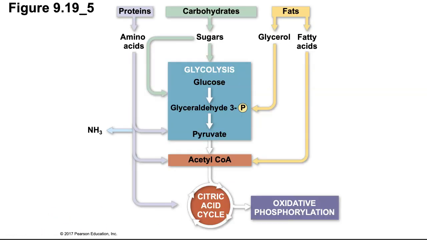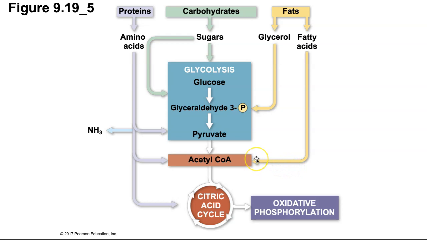Here's a simplified version of that metabolic map that I just showed you. At the heart of it, we have glycolysis, glucose into pyruvate, and we make acetyl-CoA. Here's our citric acid cycle. Here's oxidative phosphorylation. Here's fats feeding in. The glycerol is a carb, an alcohol actually, and it feeds in right here into glycolysis, and then the fatty acids get broken down via beta oxidation.